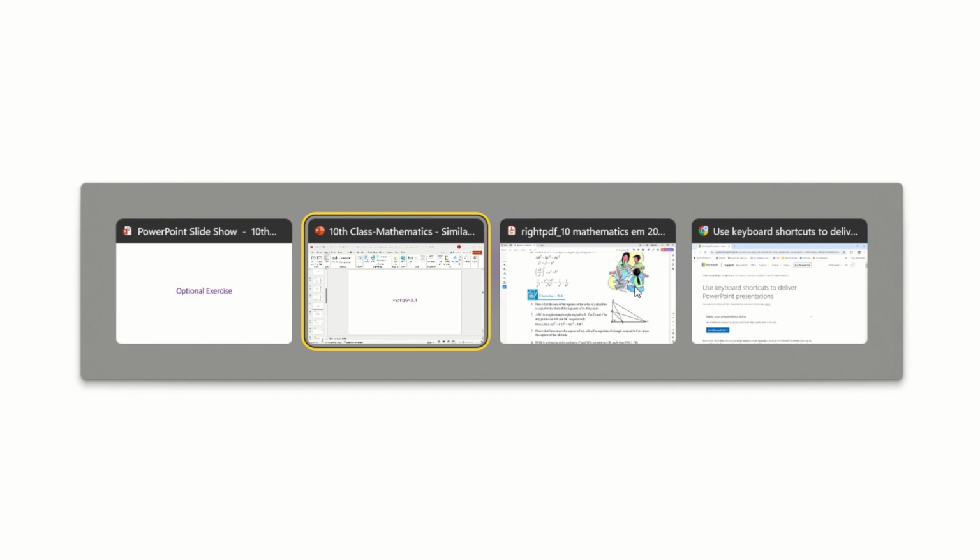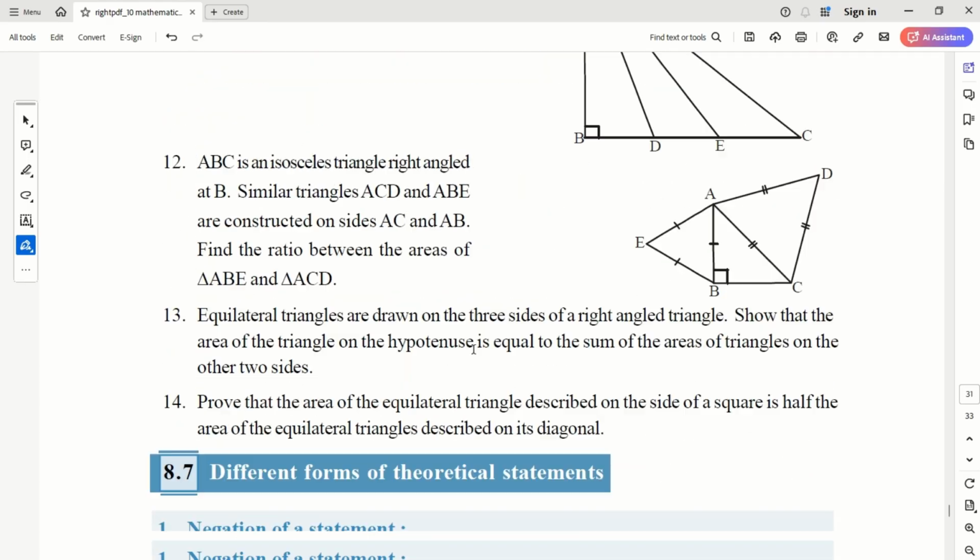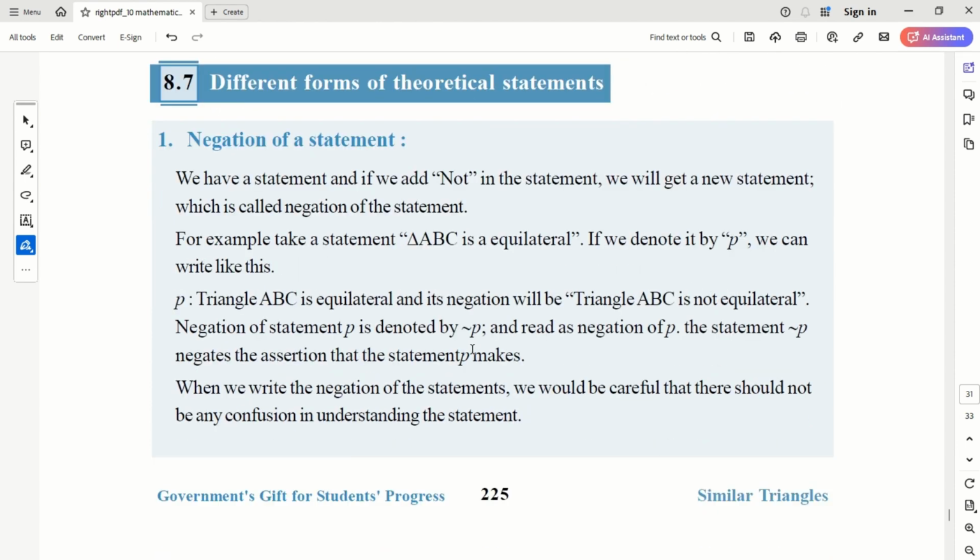Next, the optional exercise. Just before going to the optional exercise, there is a small theory given here in the book, which is very important for your future proofs. So just to learn it, very, very small theory. What is the negation of a statement? We know general statements. An equilateral triangle has all three sides the same.